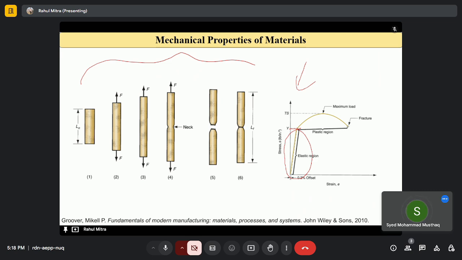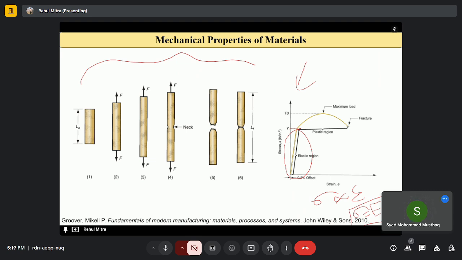For some metal, this part will have a constant slope. So stress is directly proportional to strain. If I remove the proportionality sign and add a constant, that will be sigma equals E times strain.